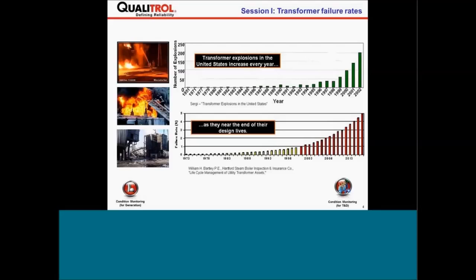The indication there is up to 2002, and also for the end of their design lives, the failure rates will also increase as the aging population of transformers grows.